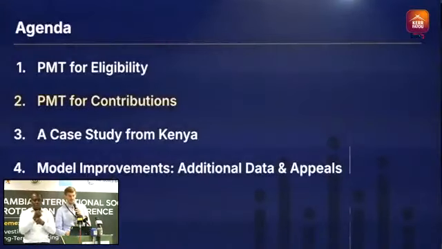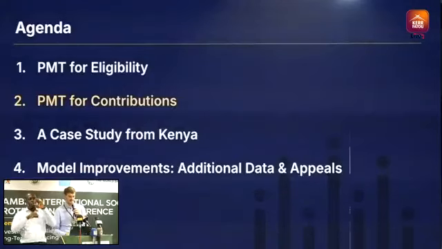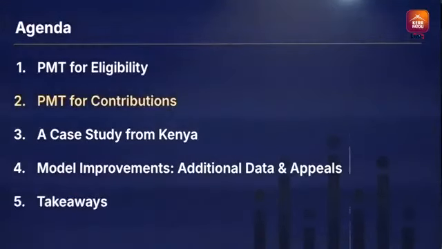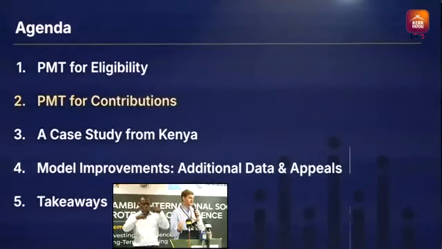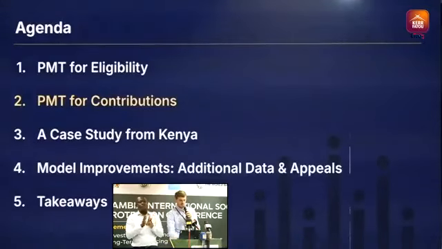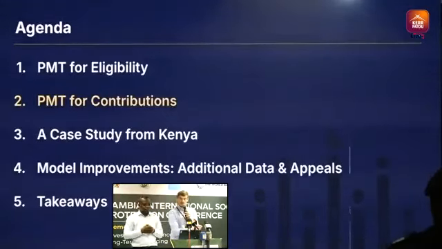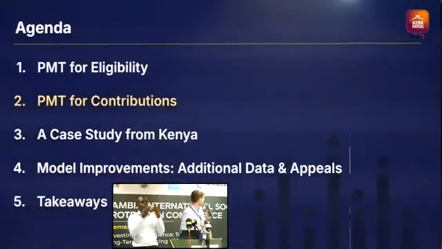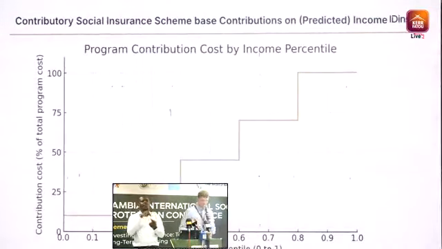What I would like to talk about now is how proxy means testing data could be used for determining contribution amounts in contributory social insurance schemes. So we go back maybe to the illustration that we had before. Here we go.